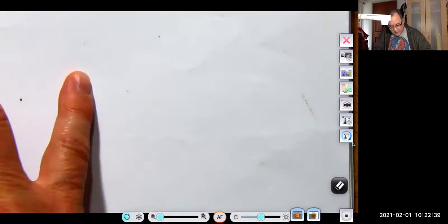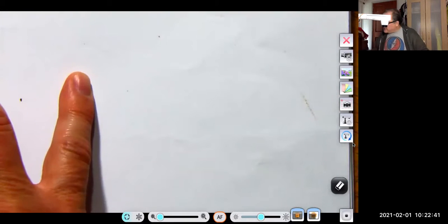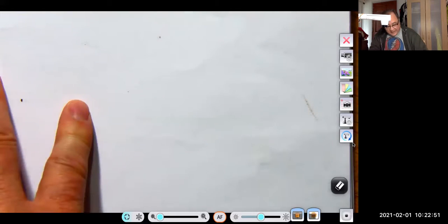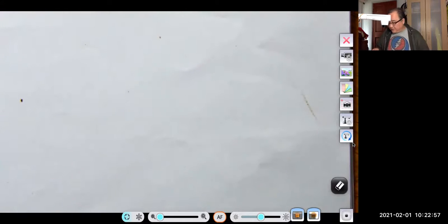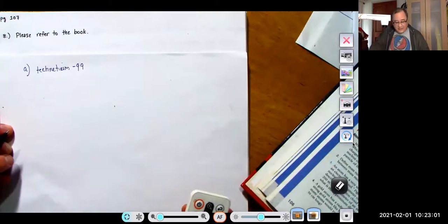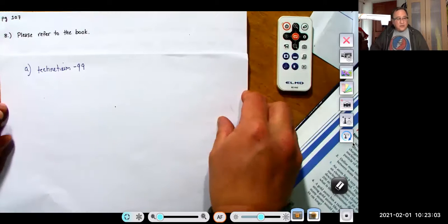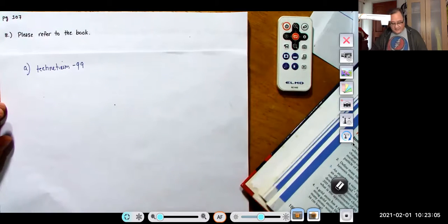A, we're going to be looking at technetium 99. So I'm sorry you can't see that because I'm still zoomed in. And now you can. So we're going to be looking at technetium 99.